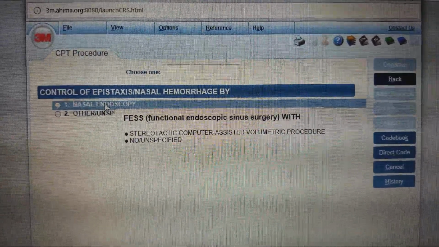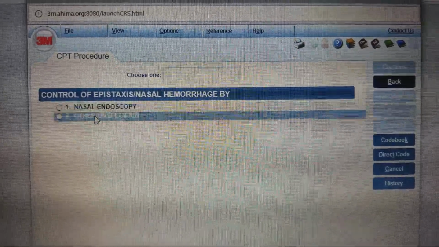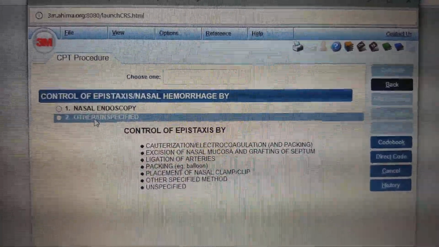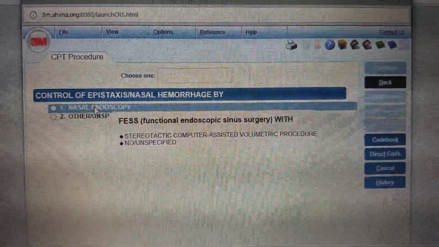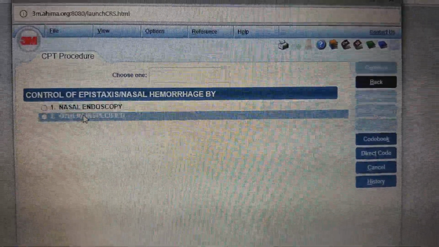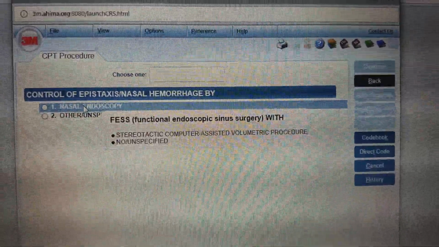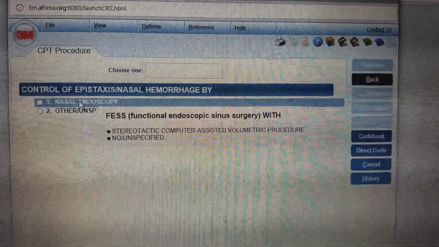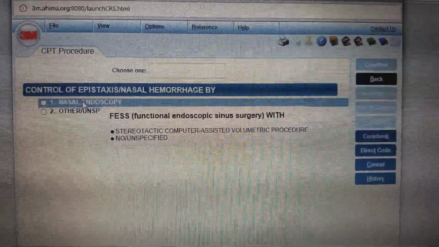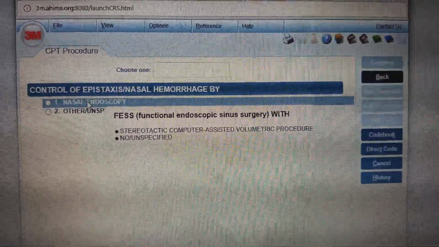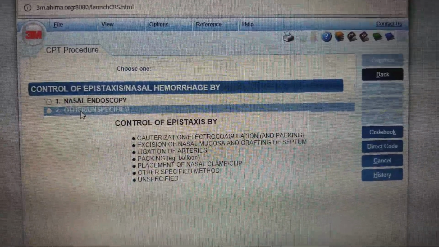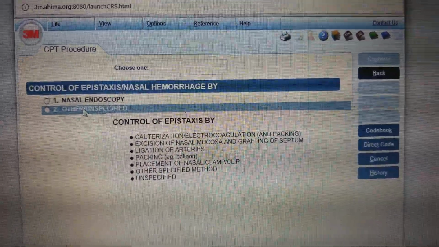Our question didn't say anything about an endoscopy, but if you hover over each one, it gives you what the next choices will be. So that kind of helps you to see which way you want to go. If you hover over a nasal endoscopy, then stereotactic computer-assisted volumetric procedure. No, none of this was taking place to get our code last week for live lecture.